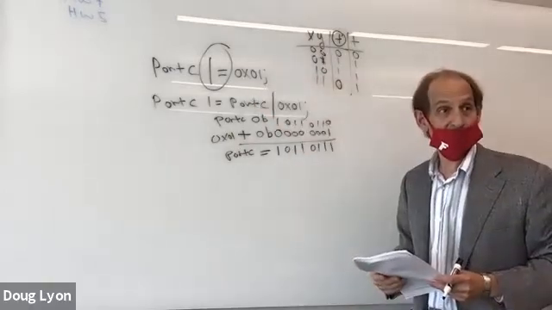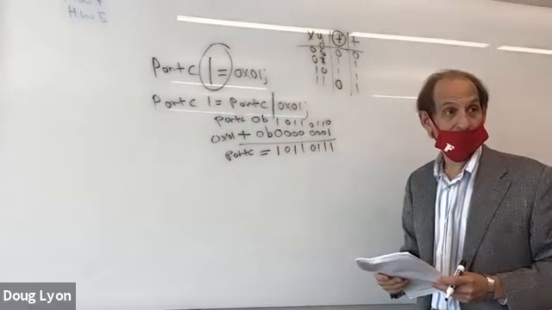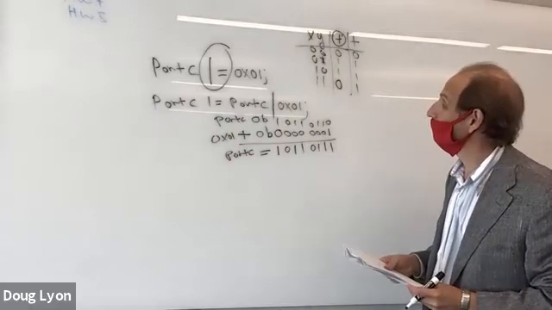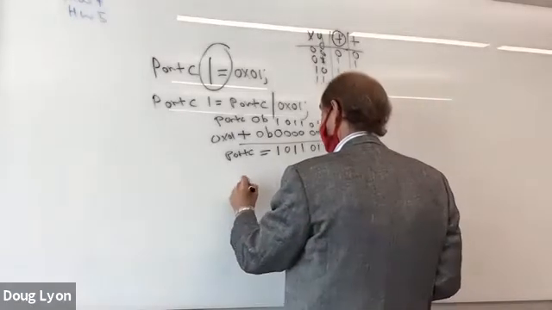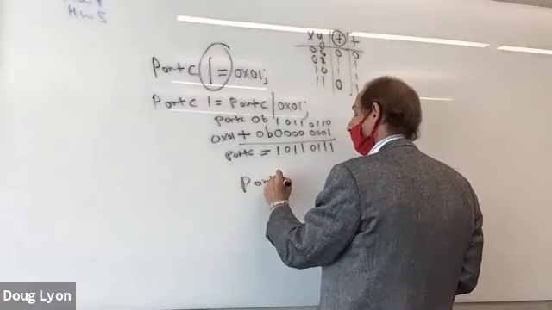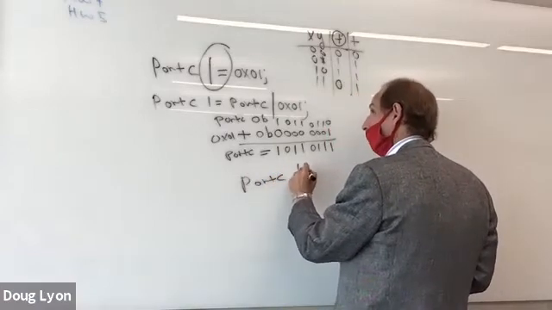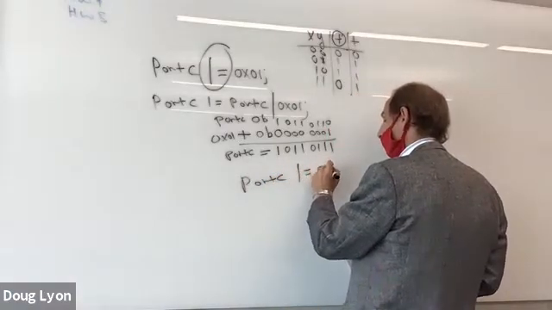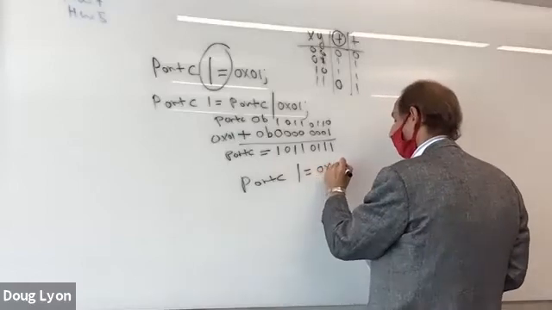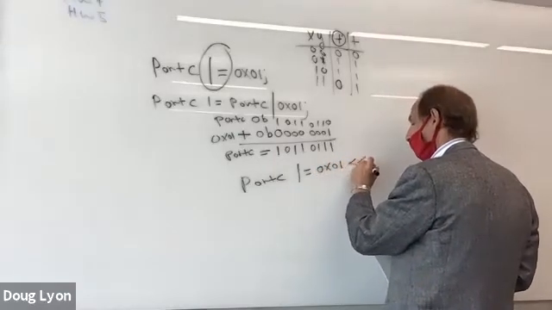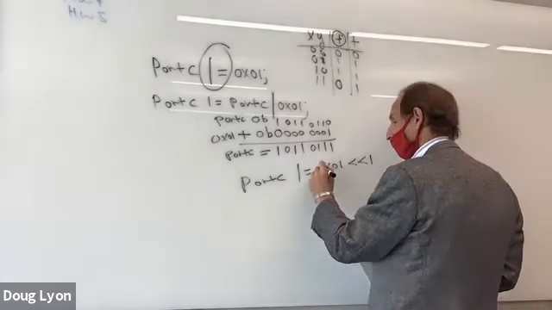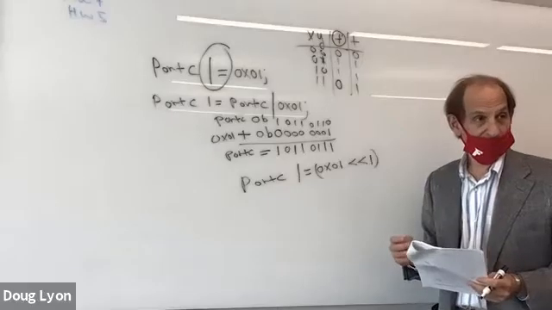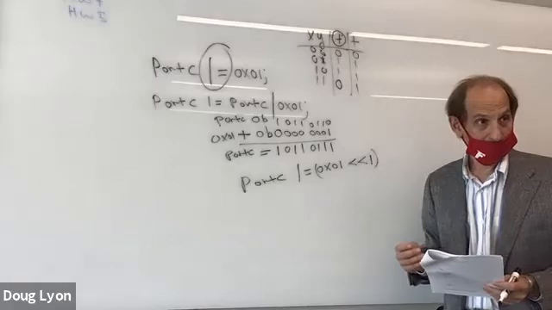What would you like to do if you wanted to set bit 1? You use the hexadecimal 1 after your 0x. You could do this: port C |= 0x01 shifted over by 1 bit, and now you're going to set bit 1.